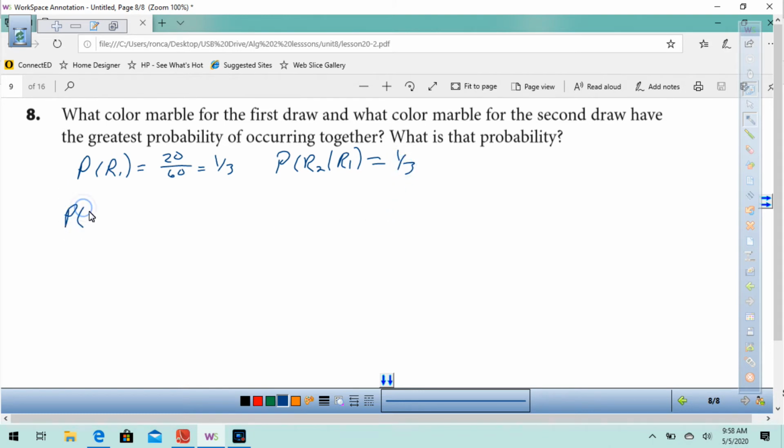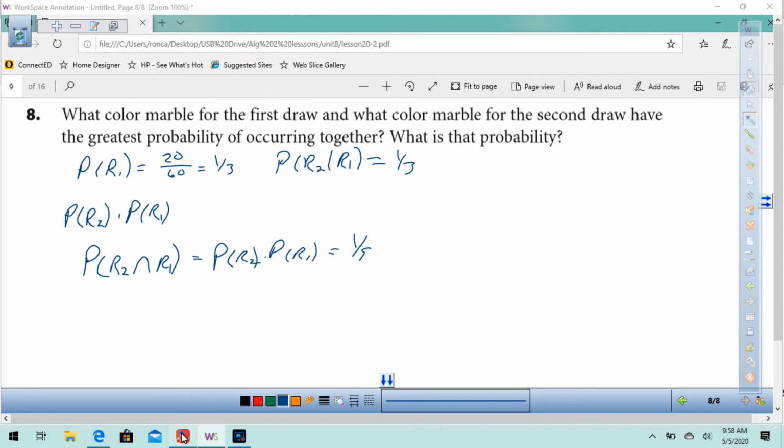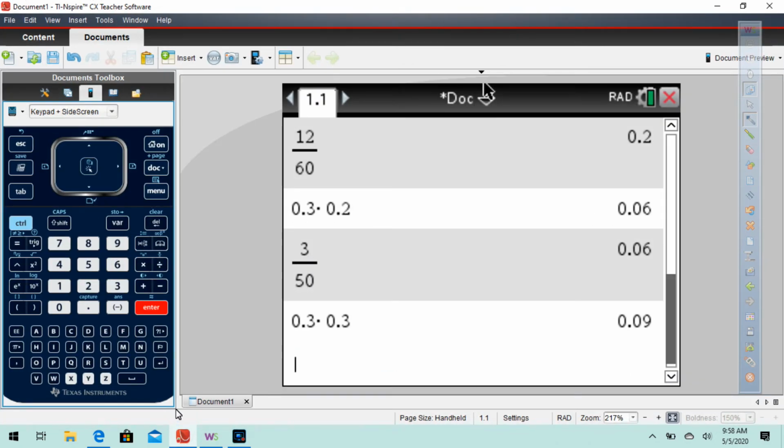So the probability of R2 intersection R1 equals the probability of R2 times the probability of R1. 1/3 times 1/3 is 1/9. And that's it.